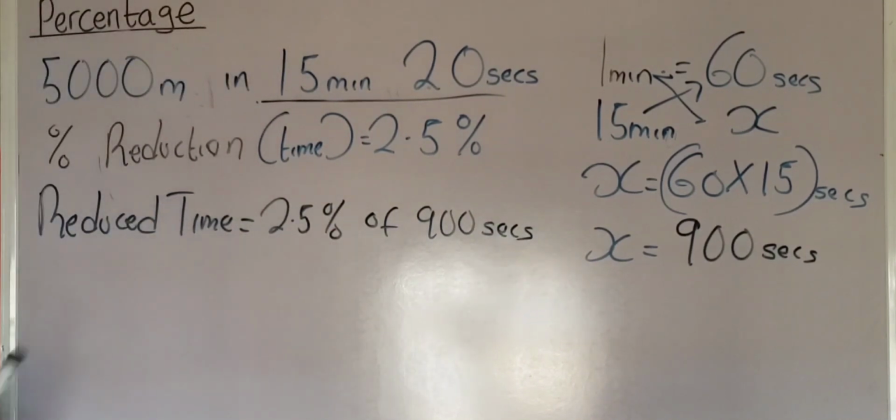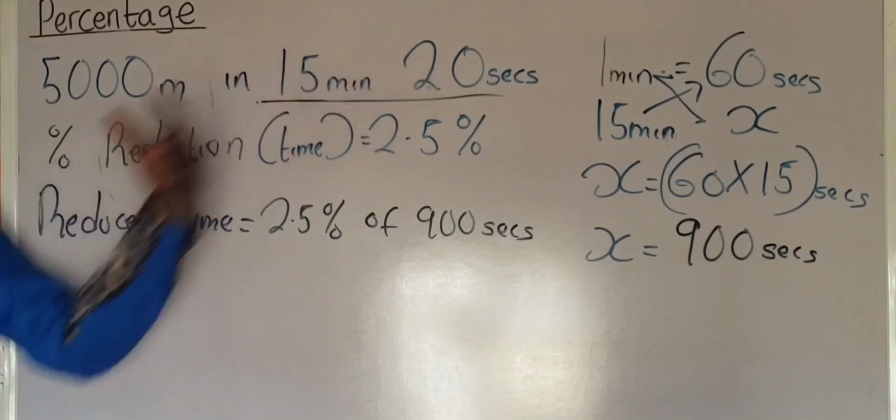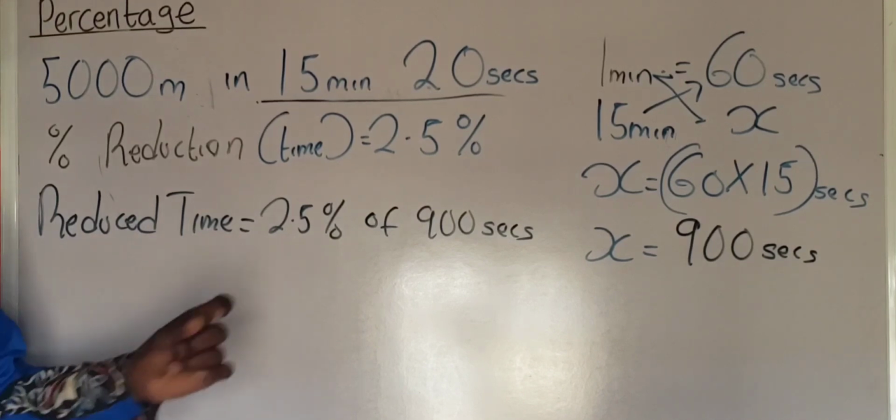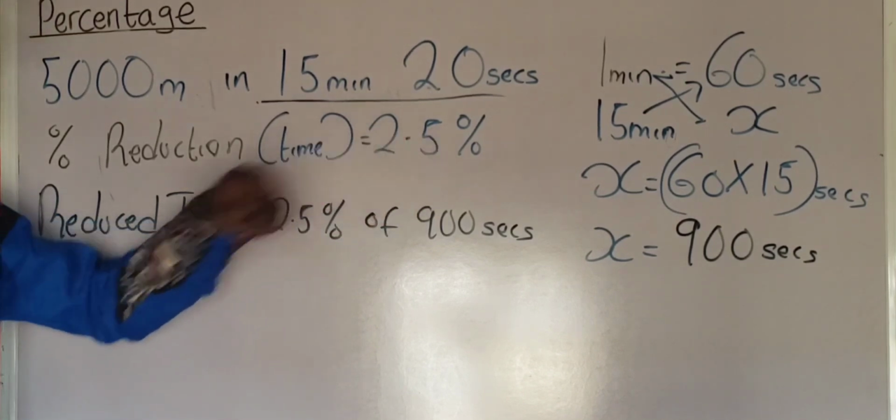Please, it is very important that you know this. You just need to be able to interpret the question. Let's say the initial time that the athlete is using to run 5,000 meters is 15 minutes 20 seconds. Now, when he trained very well, he is able to beat down the time by 2.5%.